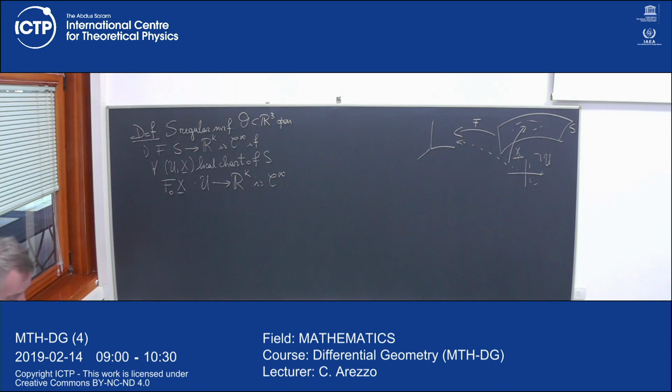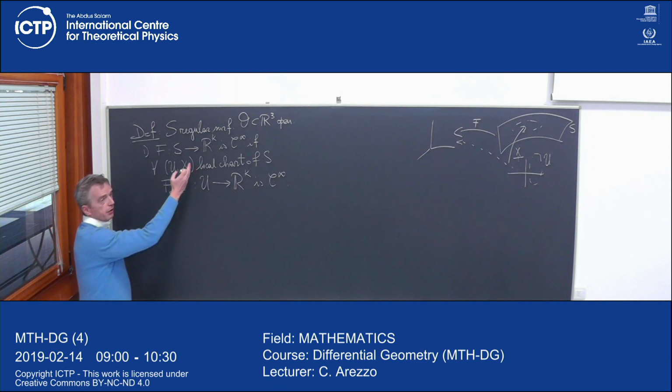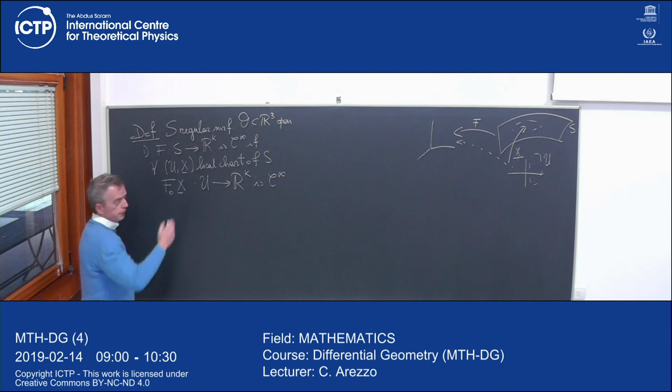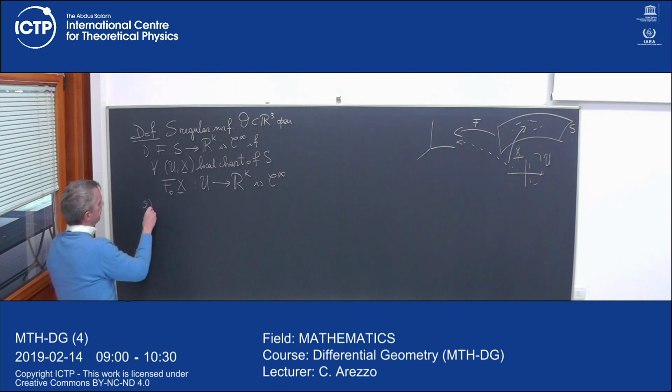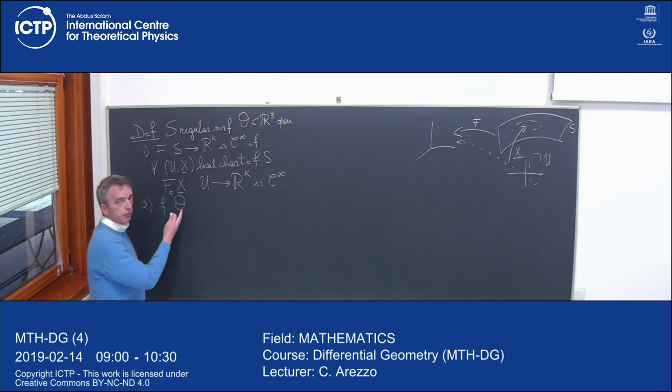Now let me list all possibilities. So this takes care of the problem of what it means for a function defined over a surface to be smooth. What about a function with an old-fashioned domain, for example a ball of R3, with values on a surface, to be smooth?